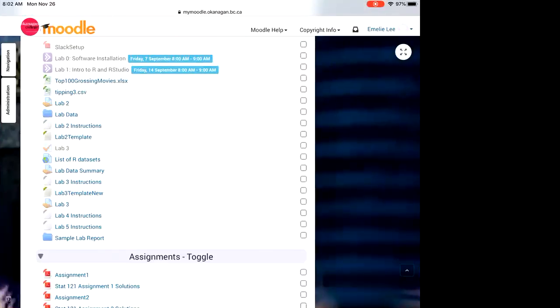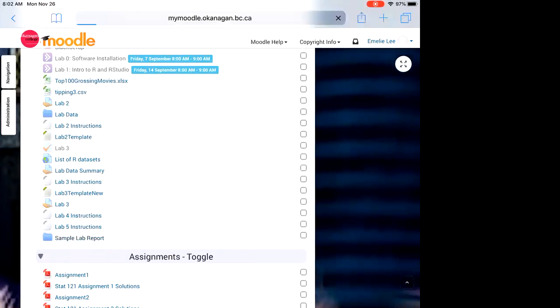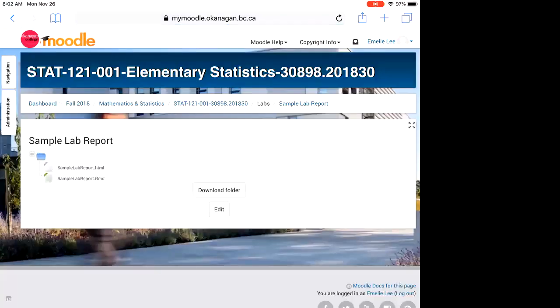First thing I want to show you guys is that I posted a sample lab report. So I just picked a data set. It wasn't ideal, it was a little too small, but it had 2 numerical variables and 1 categorical, which was the criteria. I think it was something on leukemia.